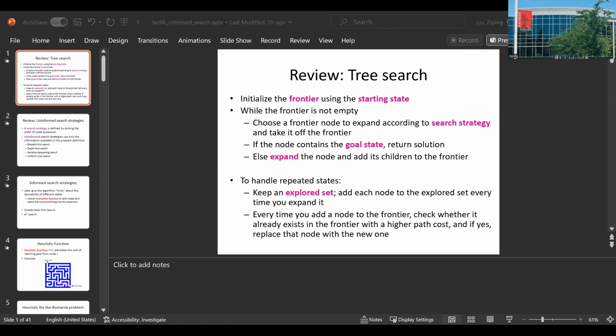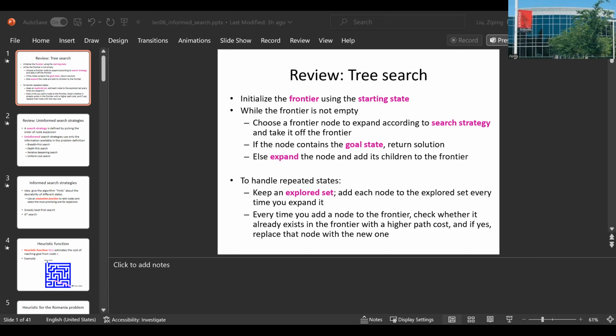253 is what? It is the heuristic. So in this case, this is the typical cost, and this is the cost from the current node.